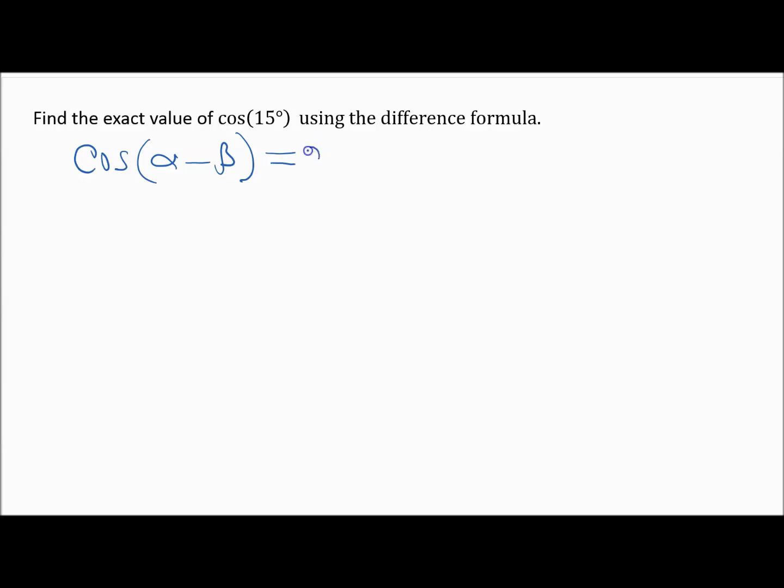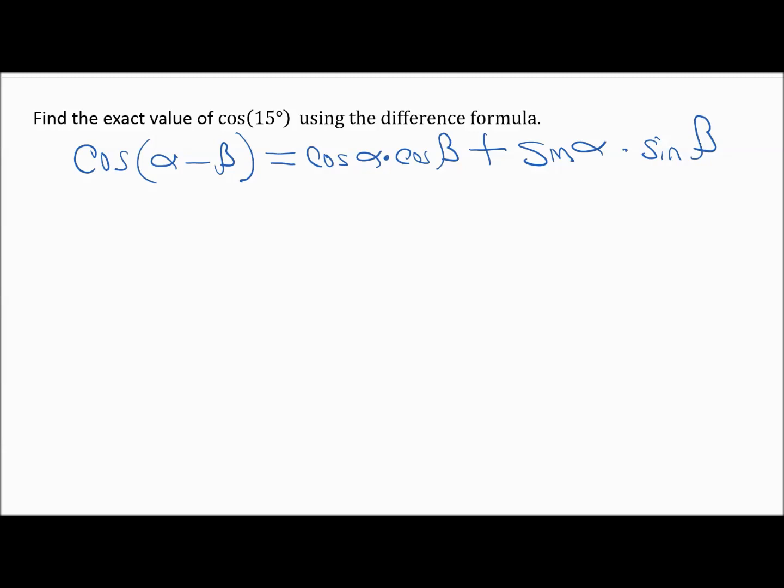So it's going to be cosine of the first angle, which is alpha, cosine of the second angle. Remember, this is just multiplication right here. Whatever operation is in your problem, which is a difference in this case, is going to be opposite. And then it's going to be sine of the first angle, which is alpha, times sine of the second angle, which is beta. So this is the formula we're supposed to use for this particular problem.